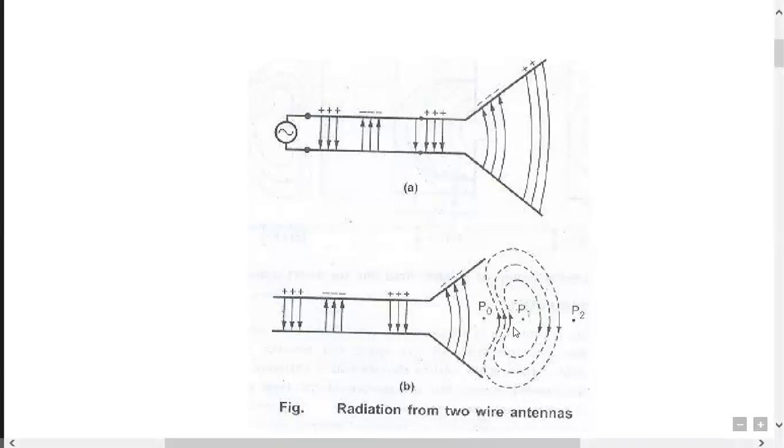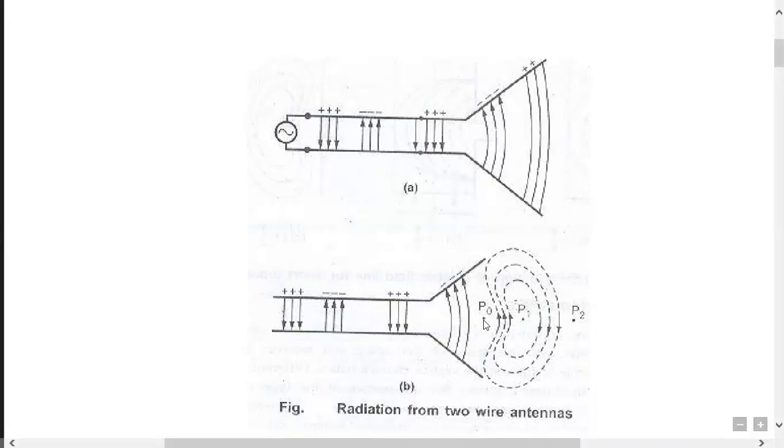Now the question arises: how are the guided waves detached from the antenna to create free space waves? From P0 to P1 the free space waves travel a distance of lambda by 2. From P1 to P2 they travel a distance of lambda by 2.